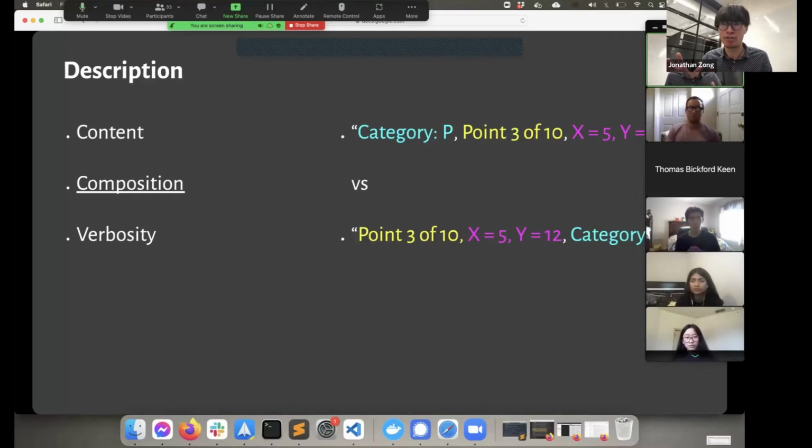But what if that same person is looking through this chart and just wants to know what the x value of the third point is, right? Then you'd really want point 3 out of 10 to be the first thing you hear, and then maybe x equals 5 be the next thing. So this is where customization would really come in handy, right? Being able to let the user specify, based on what they want, what order this information is coming to them.